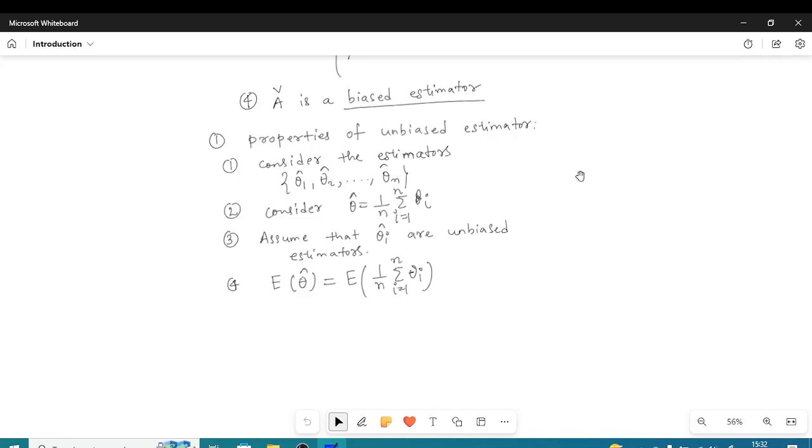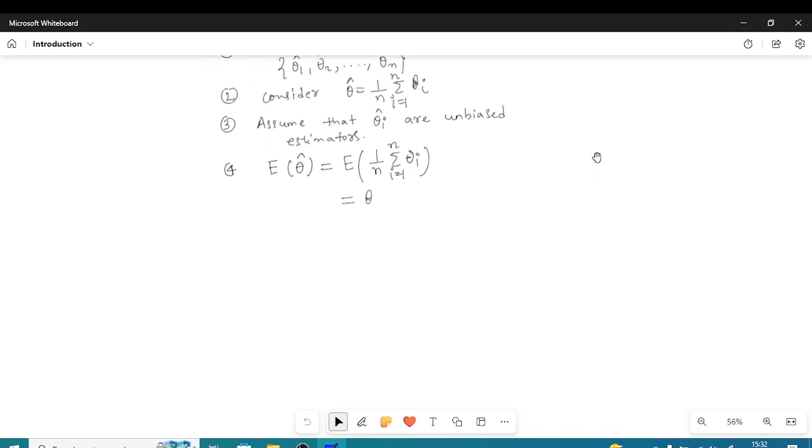Theta, because theta i hat are unbiased. That is, average value of theta hat equals theta.